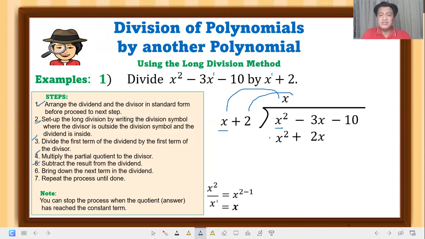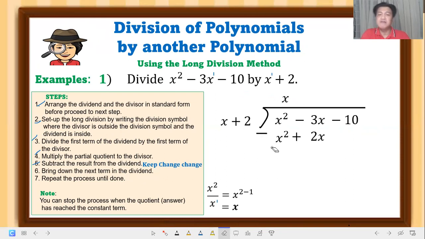Okay, so meaning to say, eto yon, x squared minus 3x minus x squared plus 2x. Okay, paano natin gagawin yung ating subtraction operation? So meaning to say, kung naalala natin sa integers, no, kung paano mag-subtract, keep, change, change. Ibig sabihin niyan, from subtraction kasi, di ba, babaguhin natin.